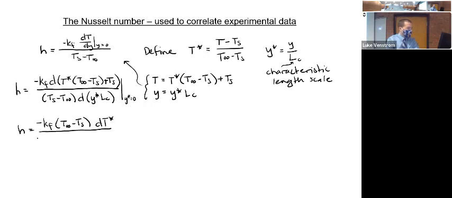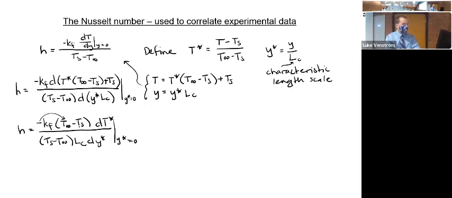In the denominator I have Ts minus T infinity, and the same idea applies to y star: L_c is just a single number, so it gets pulled out, leaving dy star at the fluid-solid interface. Now if I factor the minus into the numerator, I can flip Ts and T infinity, and that cancels away.